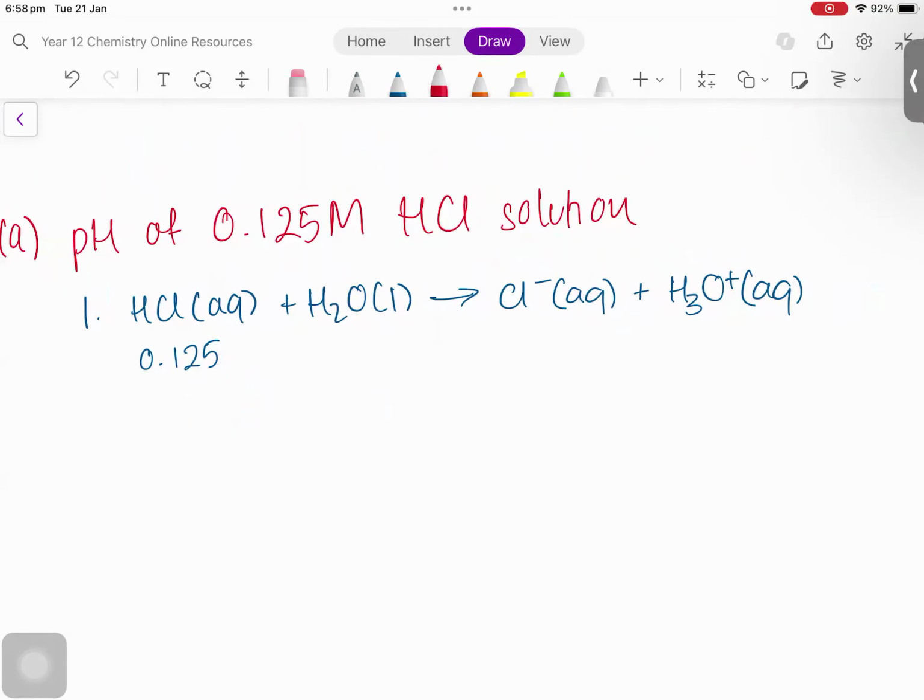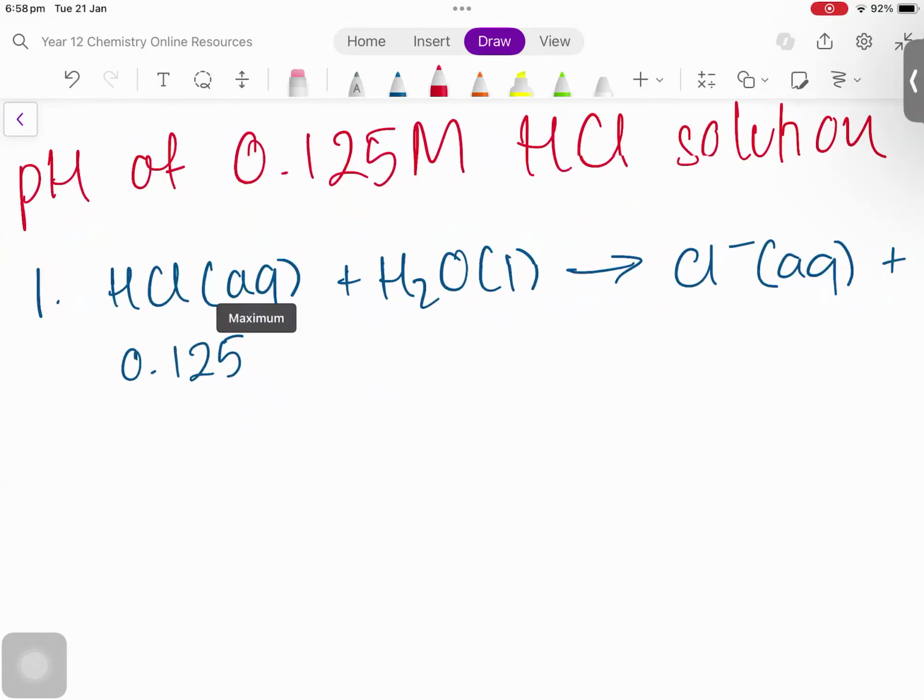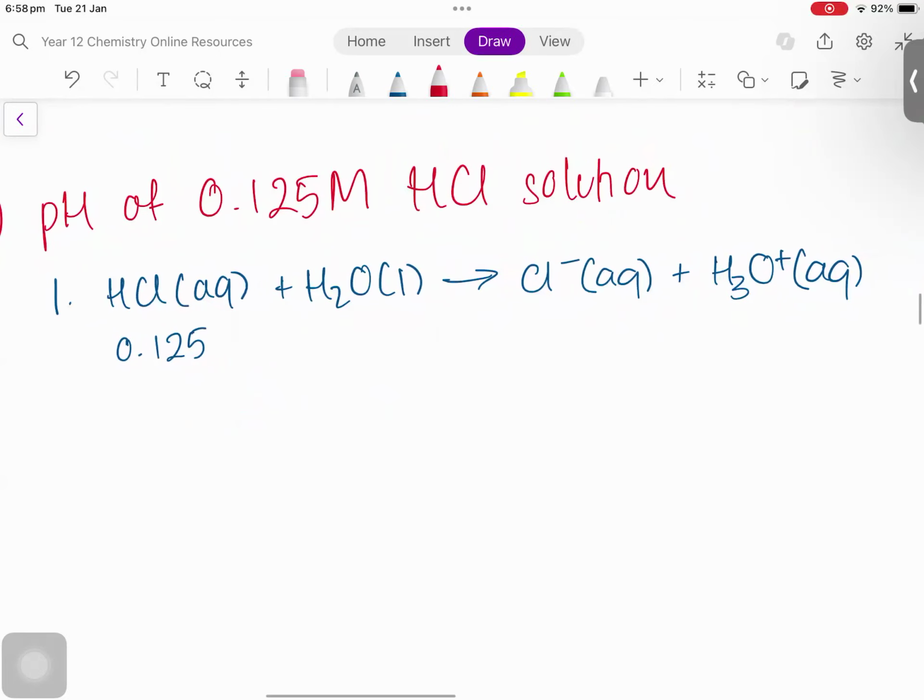What is the invisible number in front of HCl in the equation? One. When there's no number, the invisible number is 1. And then I want to get to H3O plus because that's what pH has inside. There's no number in front of H3O plus. What's the invisible number? The hydronium, on the right? Just one as well.